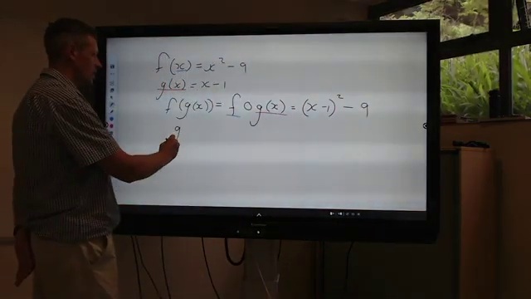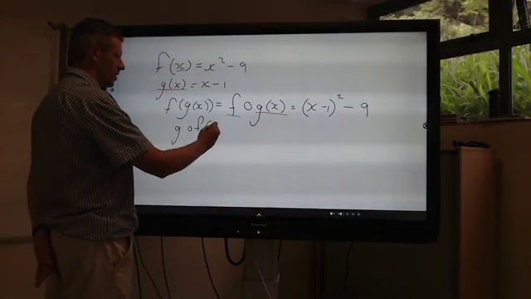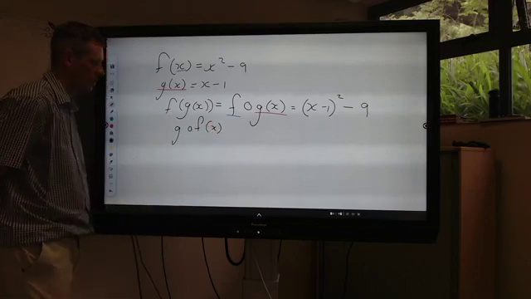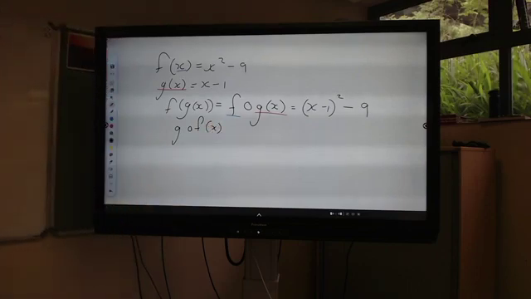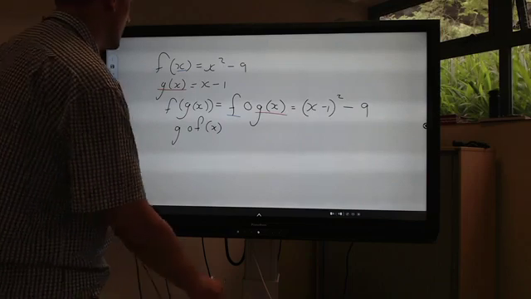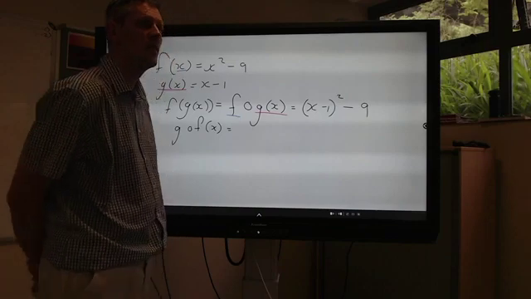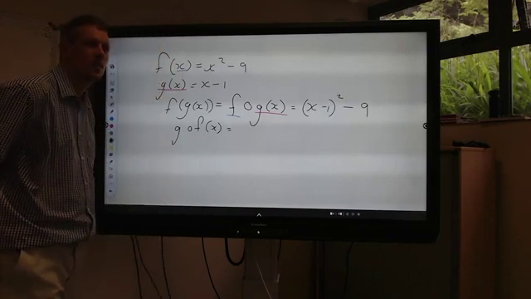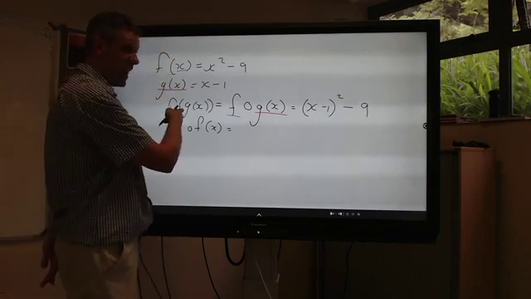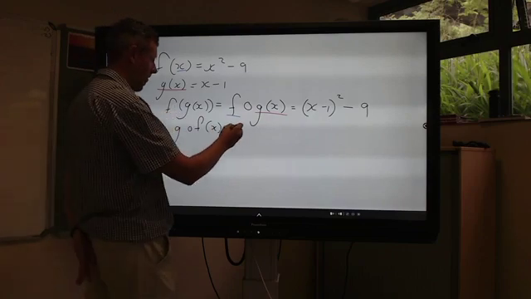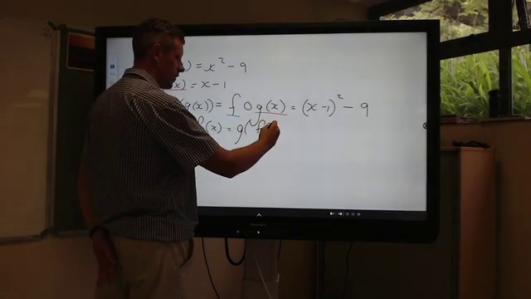So what is g circle f of x? Please tell me what. So if we write it in normal notation, it means g of f of x.